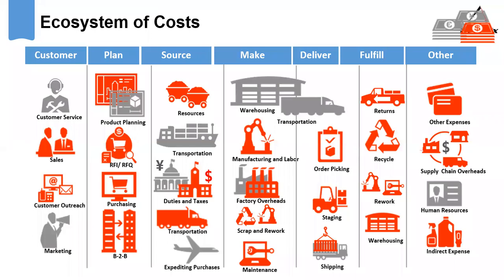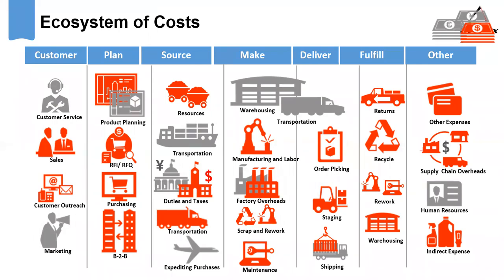So if we look at it end-to-end, on the left-hand side we are serving customers, we are planning for our products, we are sourcing to make those products, we are making, and in many cases we are outsourcing those products. Once we assemble the product or ship it from our partners, we are delivering and fulfilling those products.